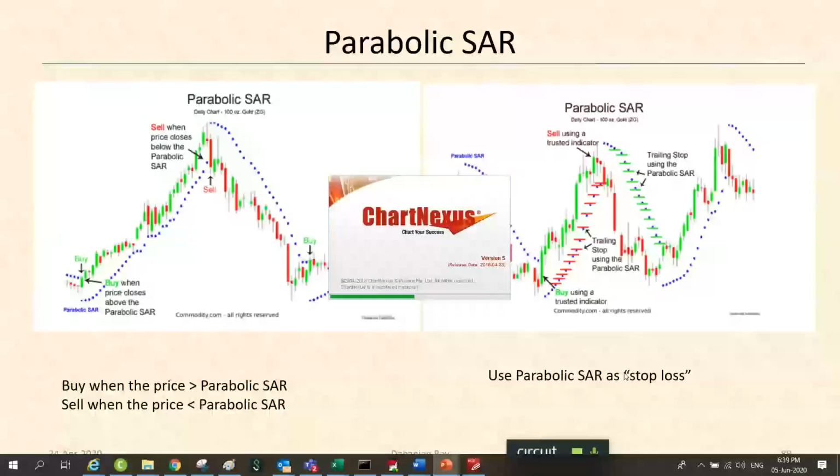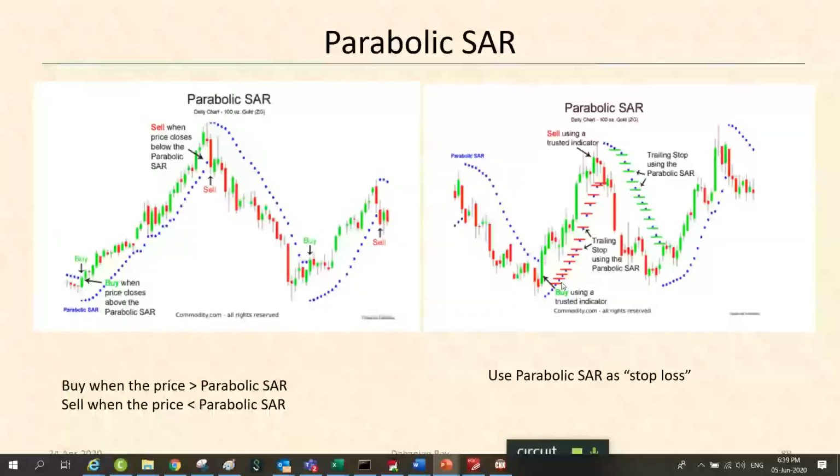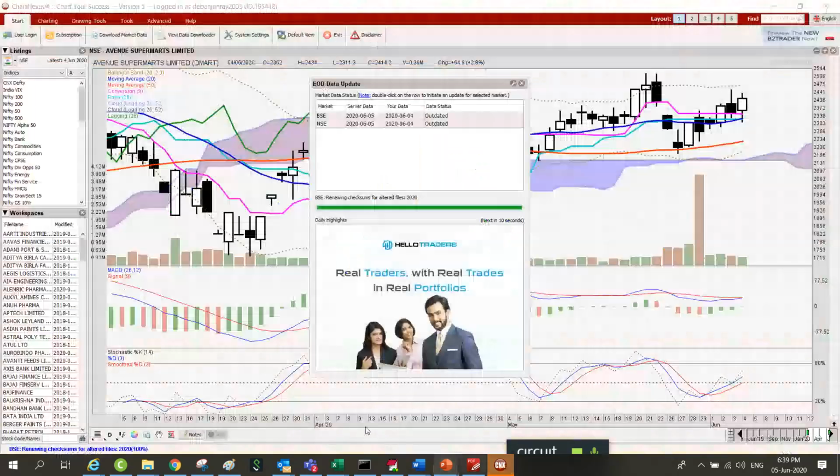Okay. So you know that there will be a series of lines, and these dots are a very simple thing. As long as the dots are below the price, you keep on buying. That's all. Whenever there is switching, that means it is a reversal trend, and then you can sell. But wherever the dot is, that line you can consider as a stop loss. I will show with an example.